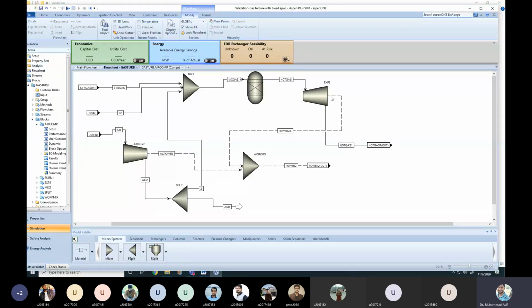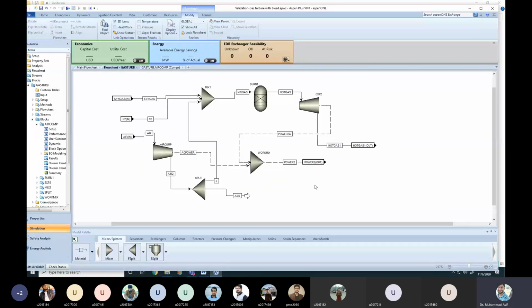Similarly, from the turbine, we are getting some work output. So what is the net? Here we combine the work output and the work input. So what is the net work output, right? It will subtract, because one will be negative, one will be positive. As a result, we'll get some net work output, right?